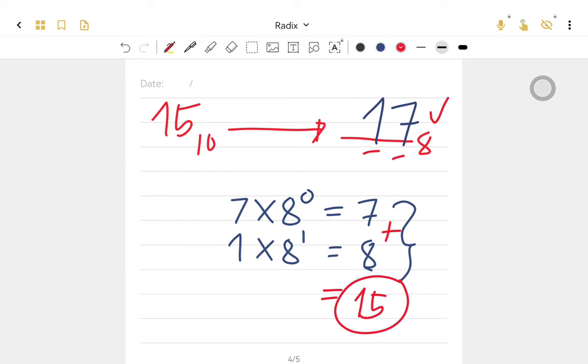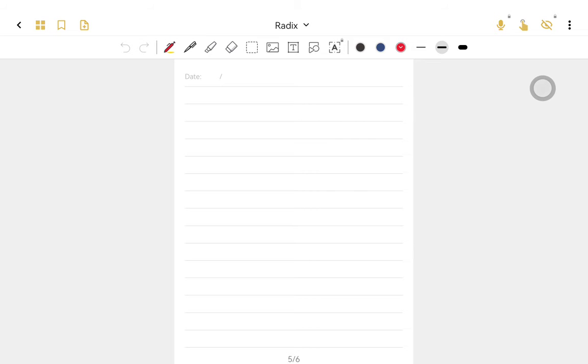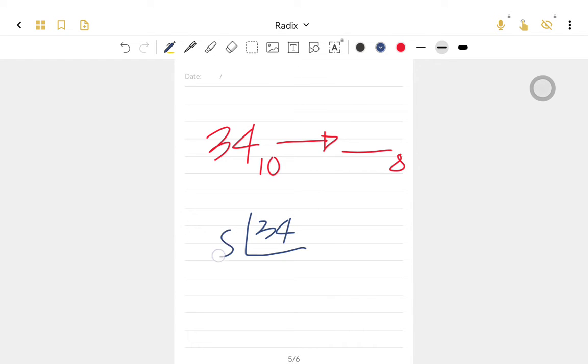Alright, another example. Let's try 34 with the base 10. What will be its equivalent in base 8? We have 34 divided by 8.